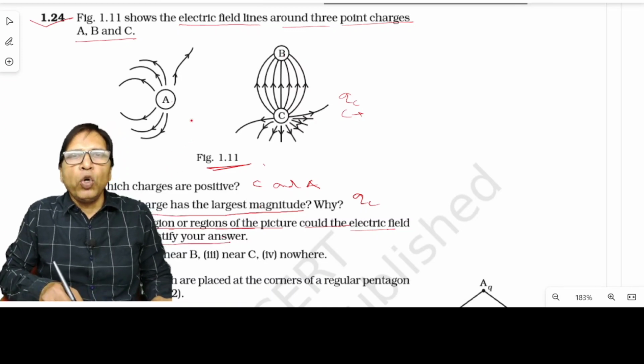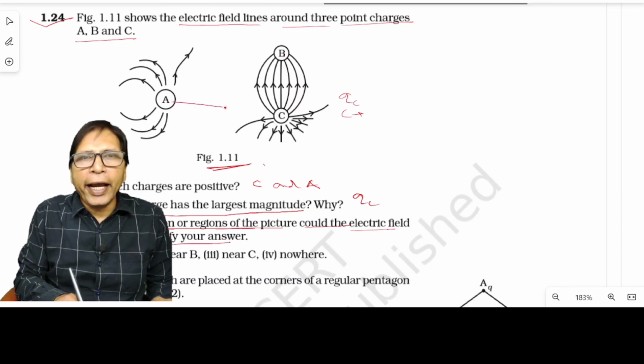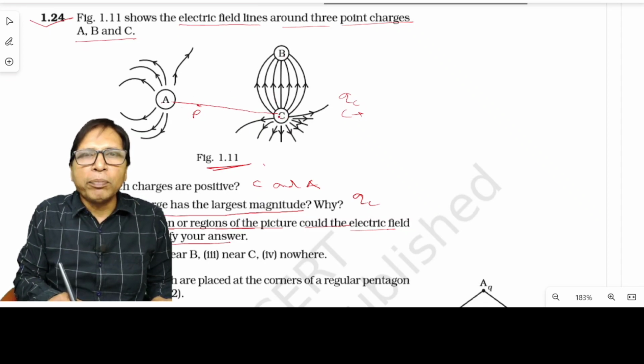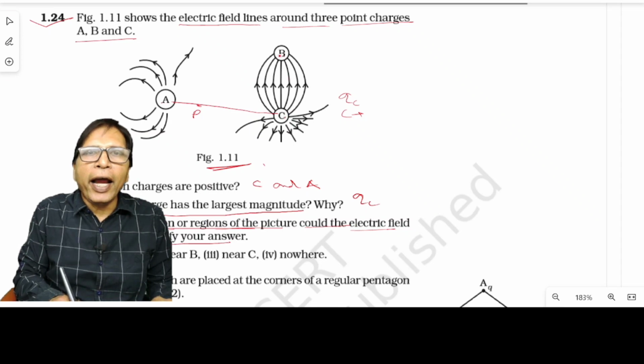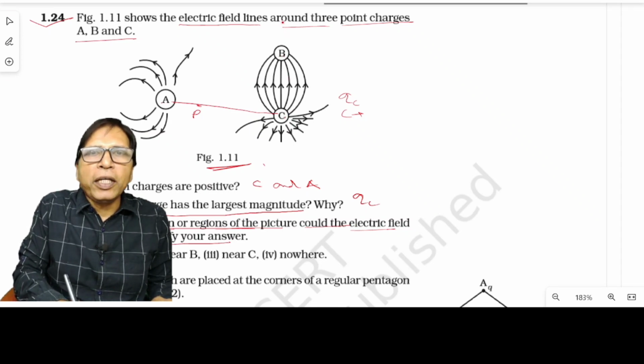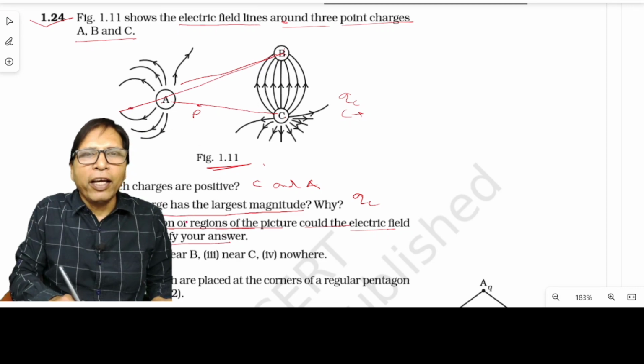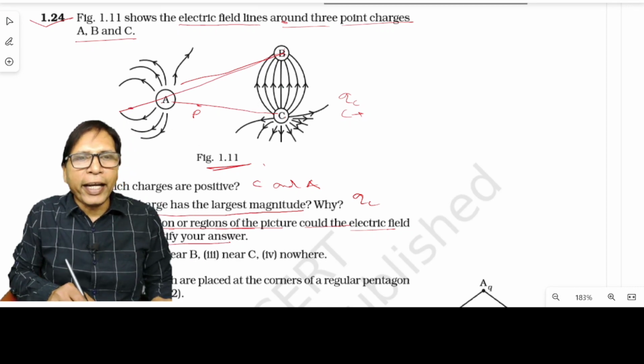Look at this: between A and C, if a line is drawn, the electric field is 0 at some point, because the magnitude of charge A is less than the magnitude of charge C. And between C and B, the electric field is 0 somewhere here, and between B and A, the electric field is 0 somewhere at this point. Okay. So near A, yes.